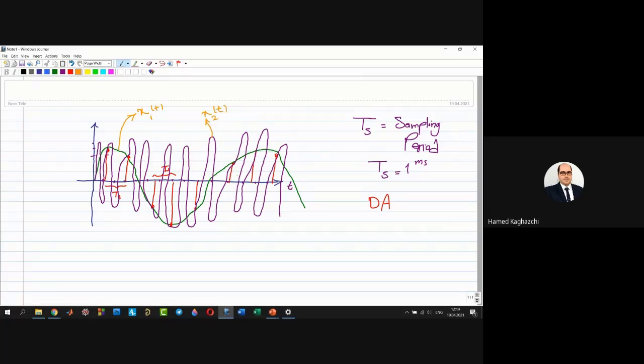Now, after sampling and converting digital to analog, how can I find whether this sampled signal is from x1 or x2? How can I determine? This is one of the problems of the sampling form.